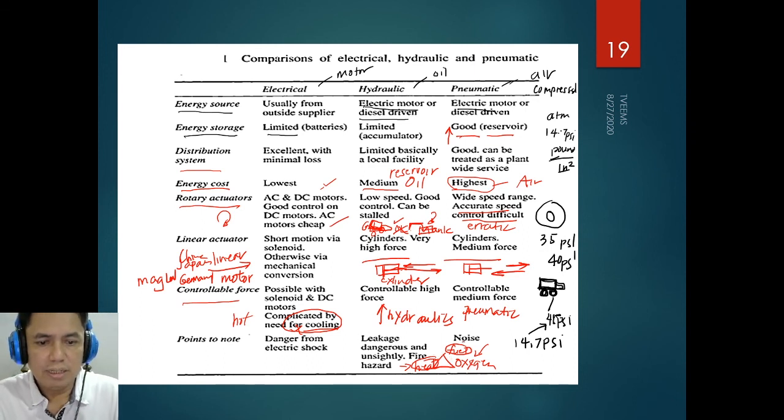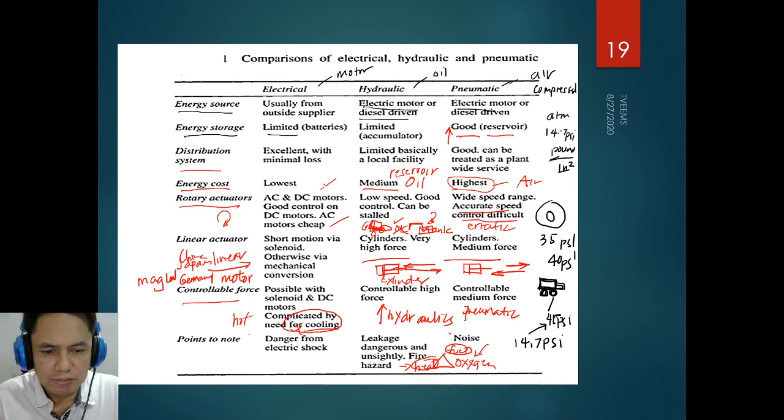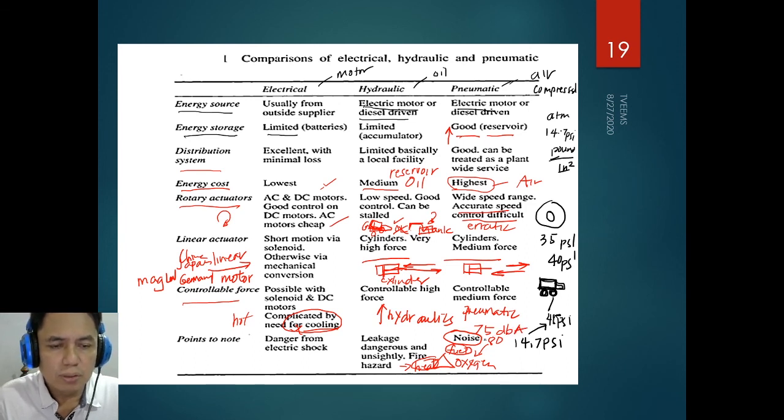Here, the downside of pneumatic is the noise. The noise is very disturbing. By standards, we only have about 75 or 80 decibels A allowed, so that our hearing will still be in good condition.